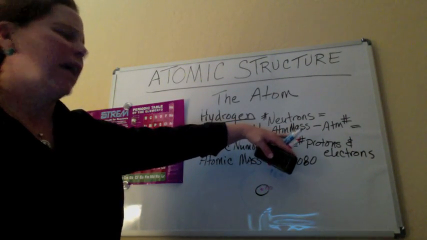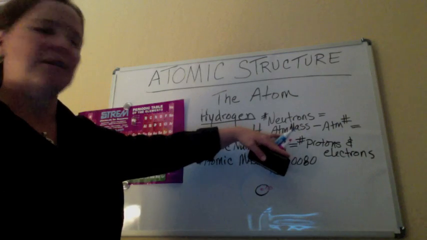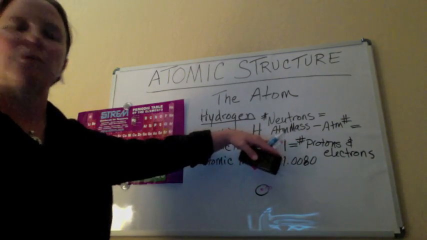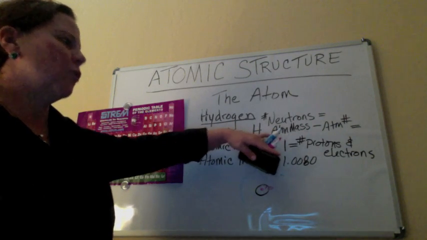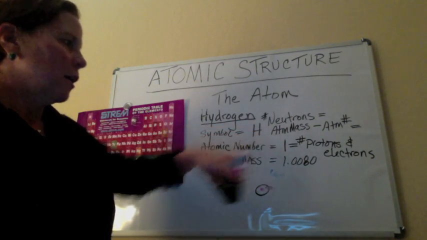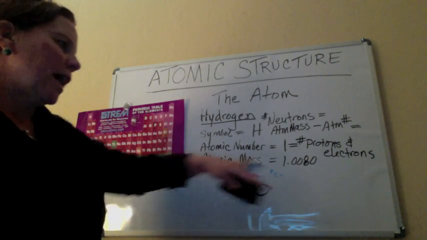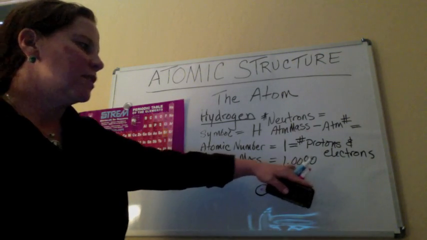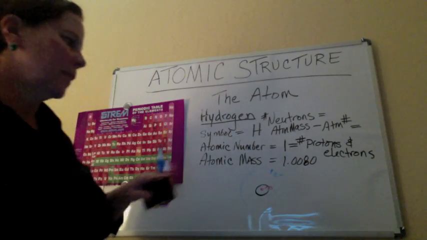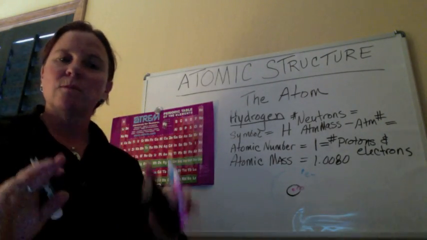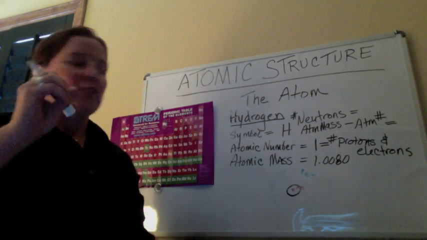So ATM stands for atomic mass. It's an abbreviation, okay? And you can write it further down. I ran out of room, but if you need to write it in your notebook differently, that's fine. Okay, so the atomic mass of a hydrogen atom is 1.0080. Now, for calculating neutrons, let me say this a couple times.